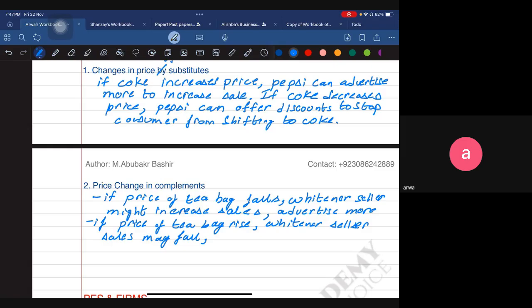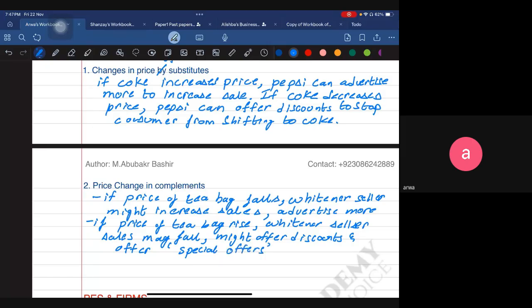Now, if you offer discounts, what will happen? People would think that even though the tea bags are expensive, the whitener has become much cheaper. So I would say they can have offers like two plus one, one plus one free, special offers, because you want them to buy.